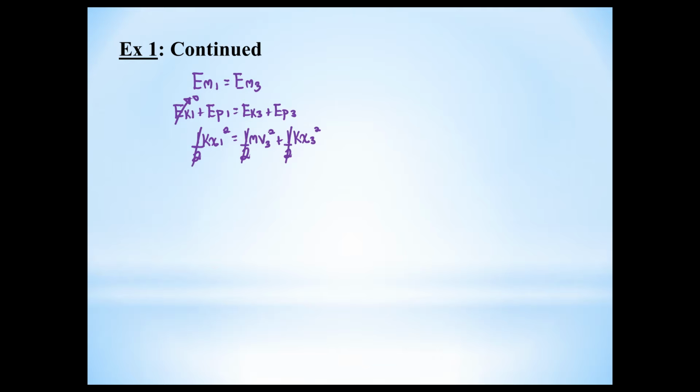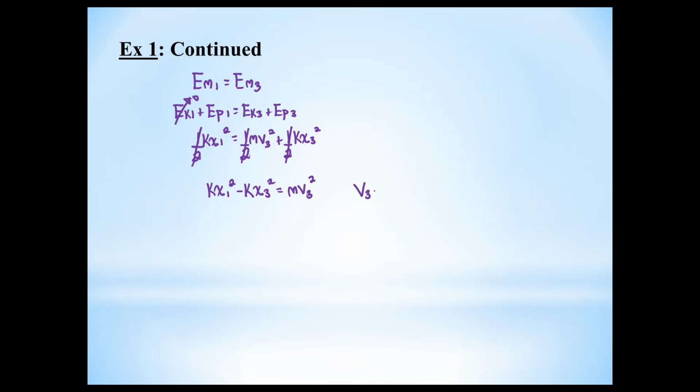Let's get V3 squared by itself. So we're going to subtract K x3 squared from both sides of the equation. So I'll have K x1 squared minus K x3 squared is equal to mv3 squared. So to get this isolated, divide both sides of the equation by the mass and take the square root.